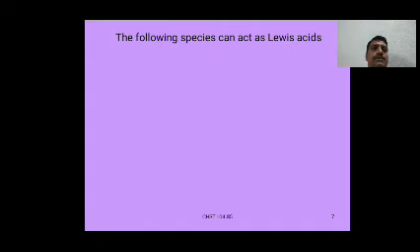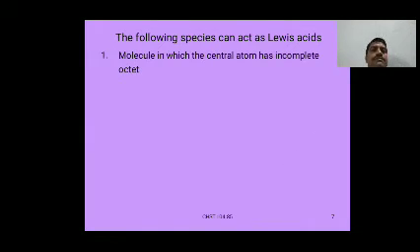The following can act as Lewis acids. Molecules in which the central atom has an incomplete octet are all Lewis acids.